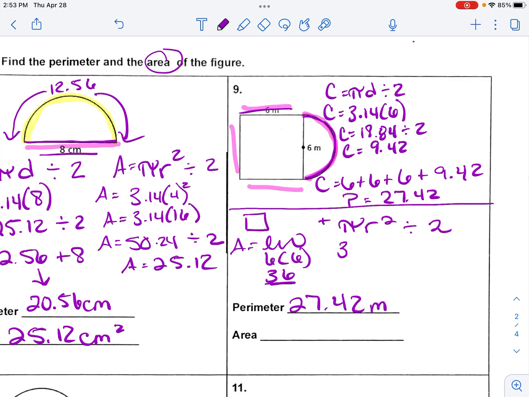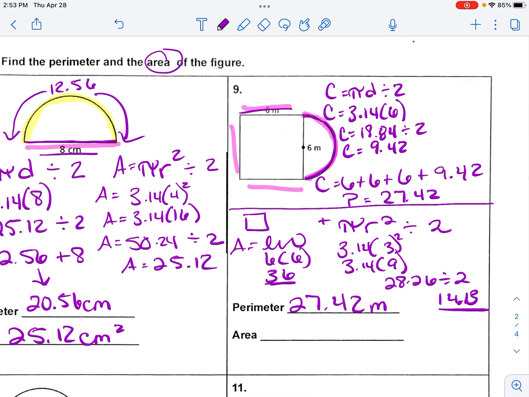Okay, 3.14 for pi. Radius of that circle would be 3. We're squaring it. So 3.14 times 9 is 28.26. And we're going to divide it in half since it's a semicircle to get 14.13.